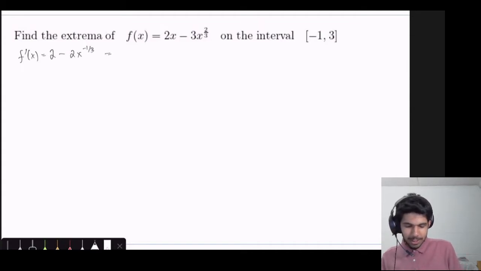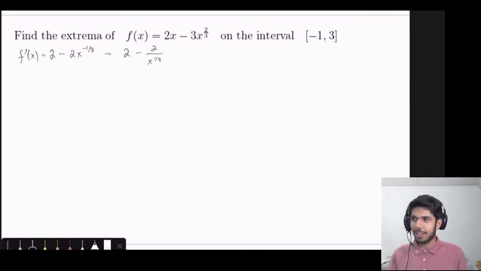So I'm going to rewrite this as 2 minus 2 over x to the 1/3 because I am not a fan of negative exponents. And I know that I want to evaluate it to see where it does not exist. So I'm just going to create one total fraction, which means I'm going to common denominatorize the first term.